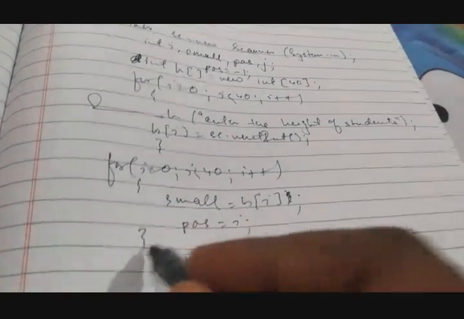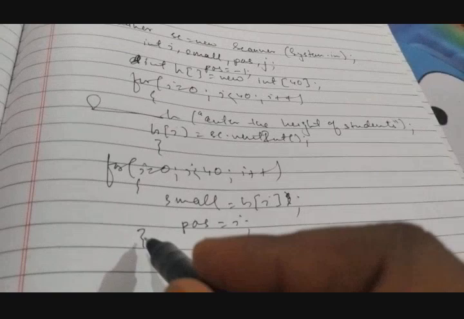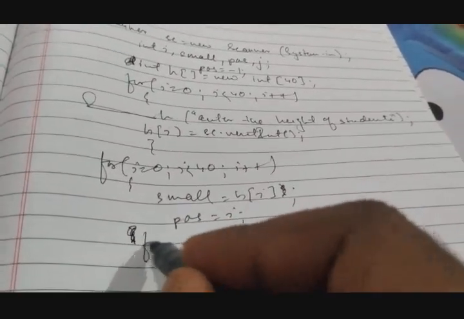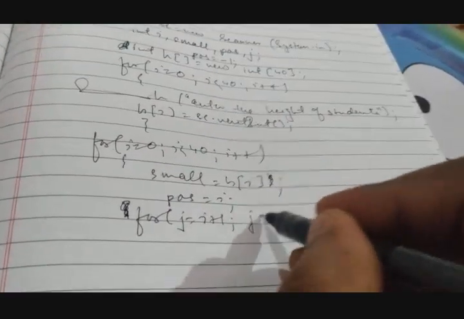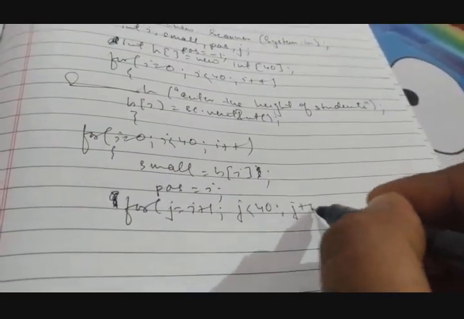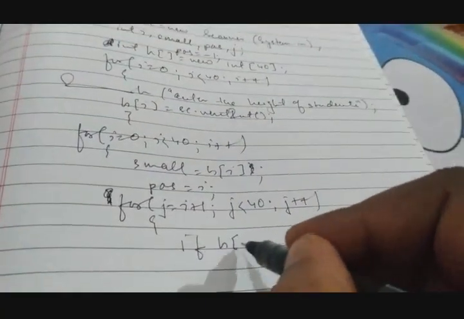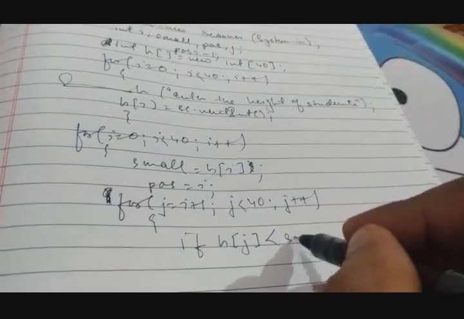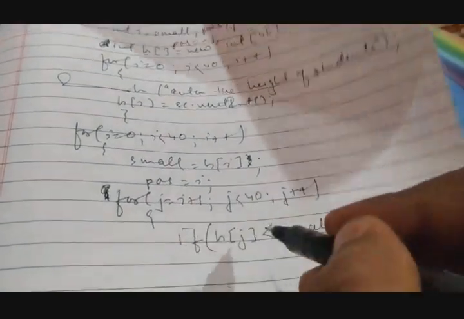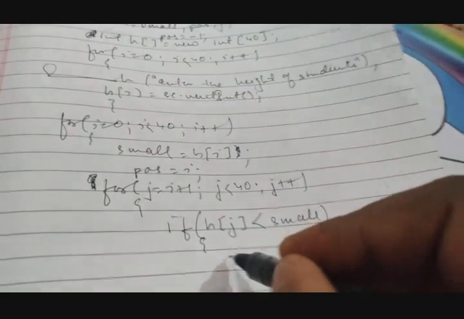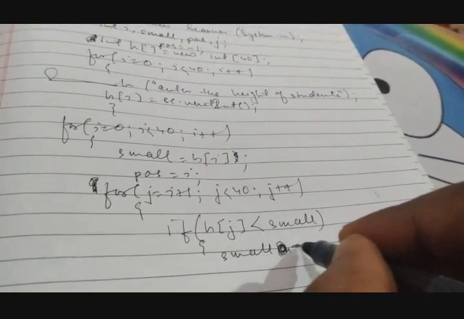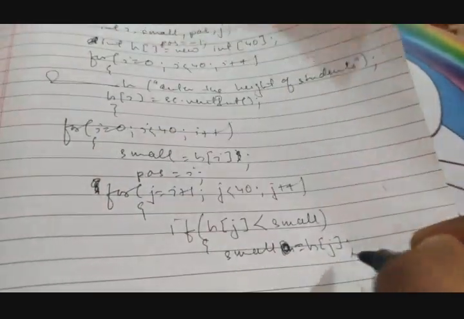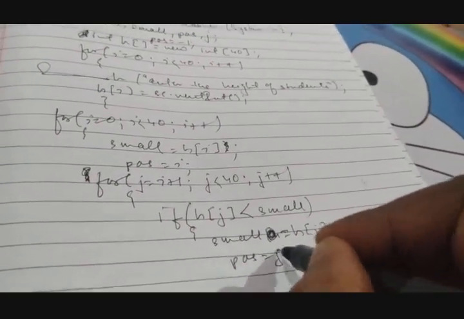Run another loop for j equals to i plus 1, j less than 40, j plus plus. If h of j is less than small, then small equals to h of j and position equals to j.